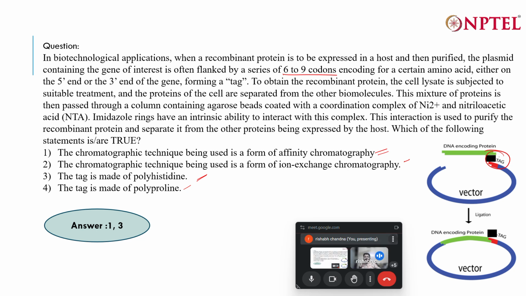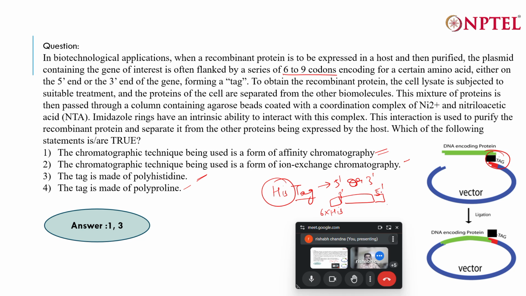So what happens is we generally have a his tag, that is histidine tag, either at the 5' or at the 3' end of the gene, and we have either 6 to 8 or 6 to 9 codons of histidine. So it is mentioned as 6 hashtag or 9 hashtag as the number of codons may be.